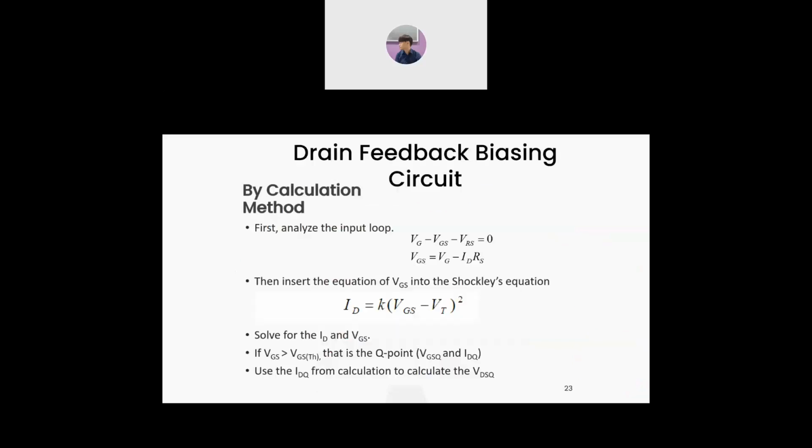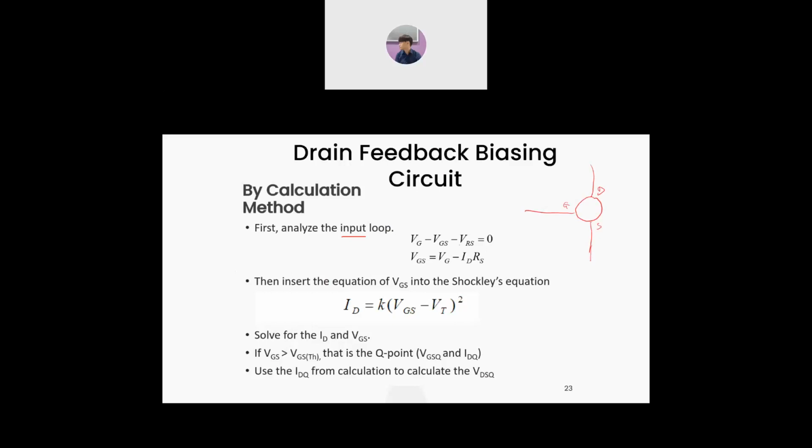Next is the calculation method. We first need to analyze the input loop. Here is the FET inside, then we have the DG terminal. I just look at this for simple viewing, and then the input loop.